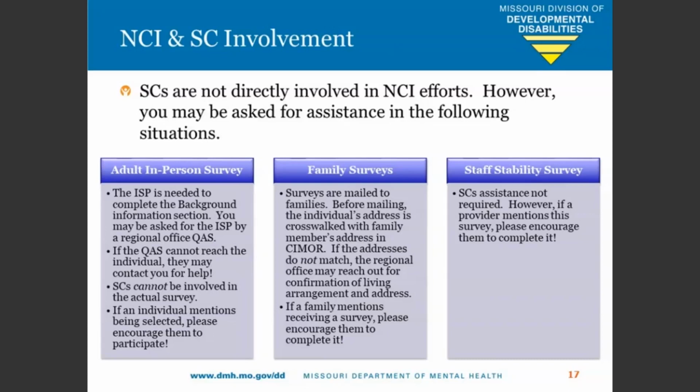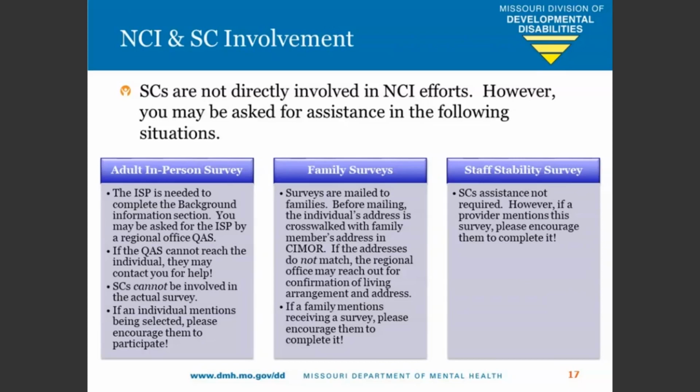The survey has a section called the background information section, and this section covers individual demographics and services and just some other details about the individual's life.